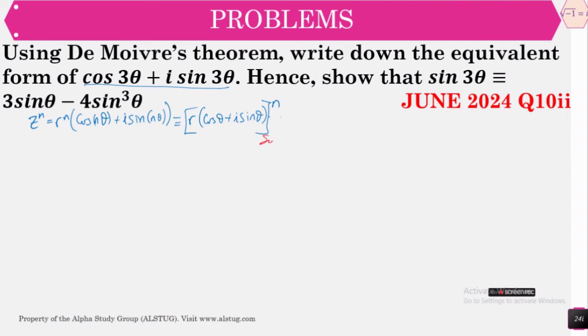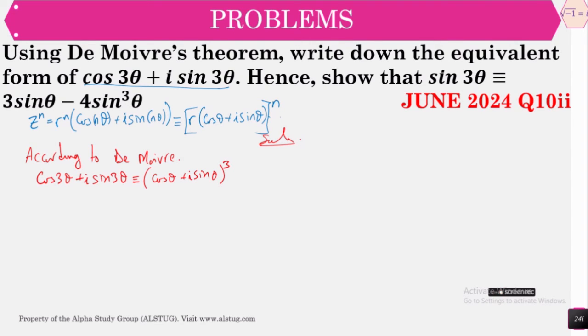So in the solution, of course, according to De Moivre, cos 3 theta plus i sin 3 theta should be identical to cos theta plus i sin theta, all of this to the power 3, cubed.